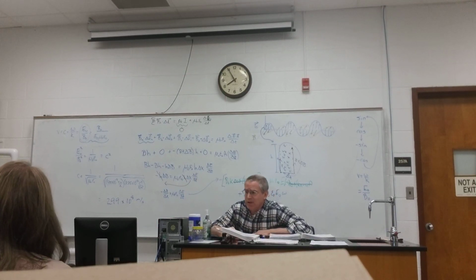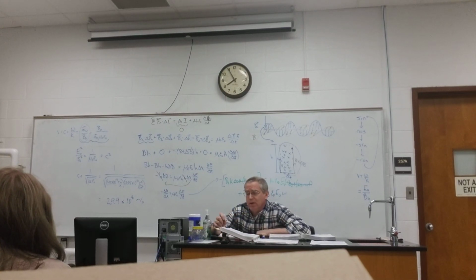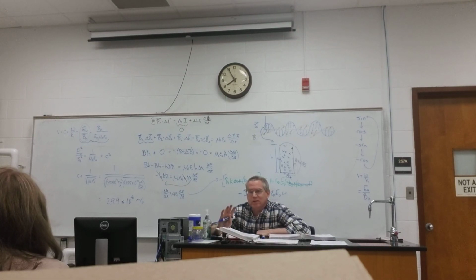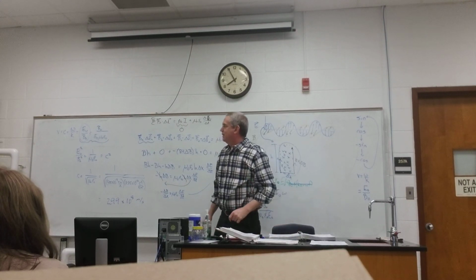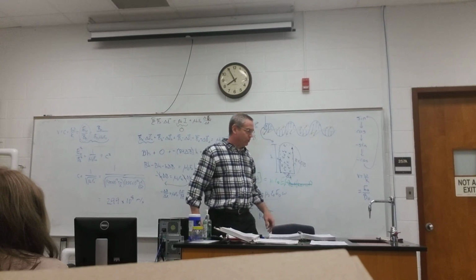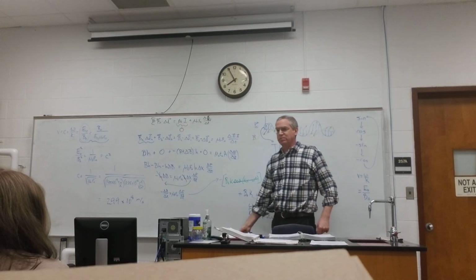Maxwell gets to this, and then in actual humility says, this is so close to the experimental speed of light that I suspect light is an electromagnetic wave. He was not bold enough to make the absolute claim, he just suspected it.